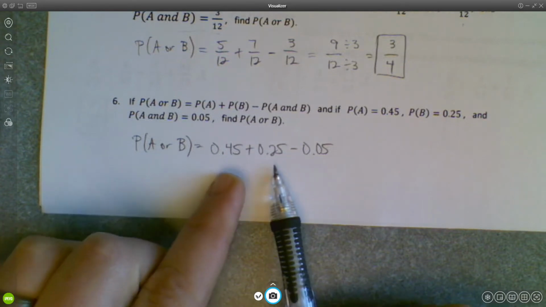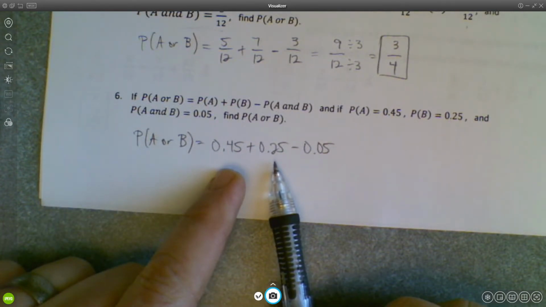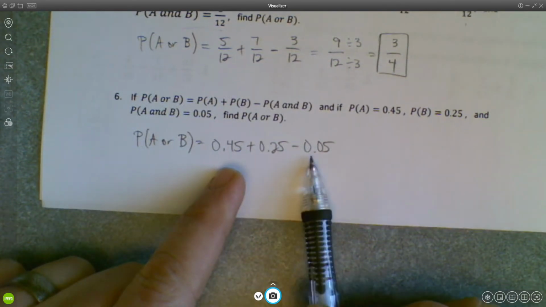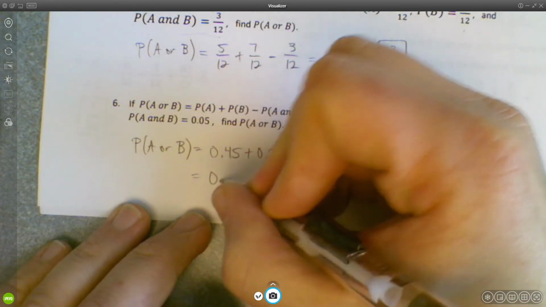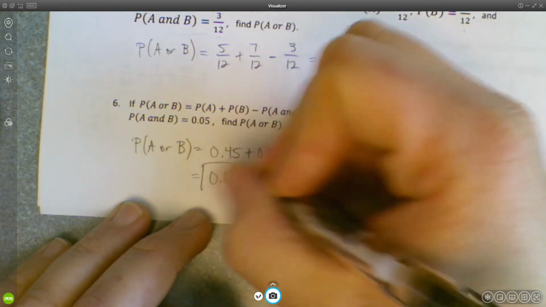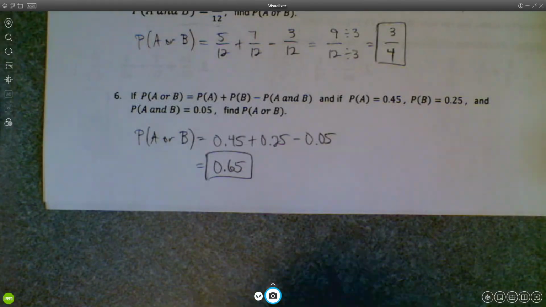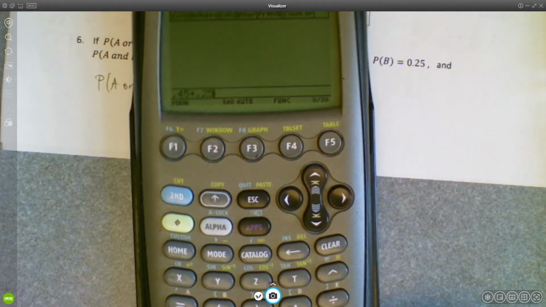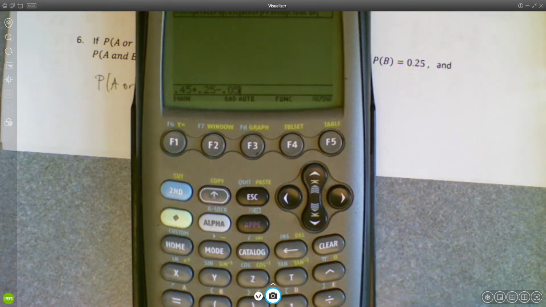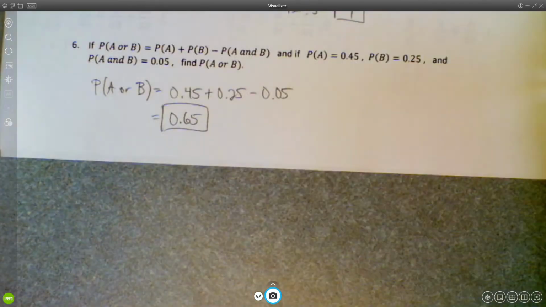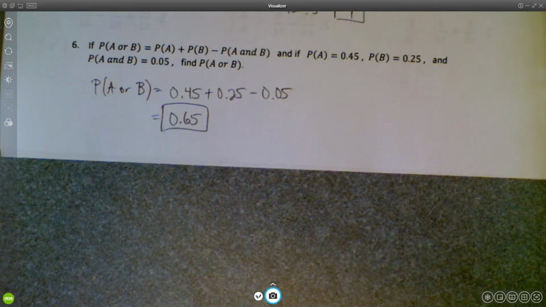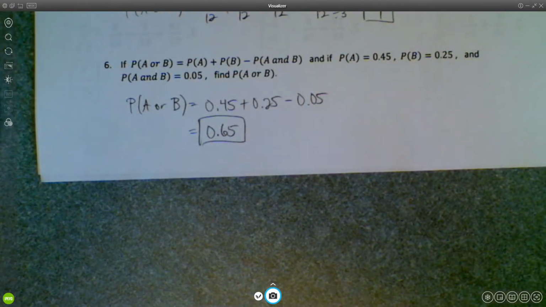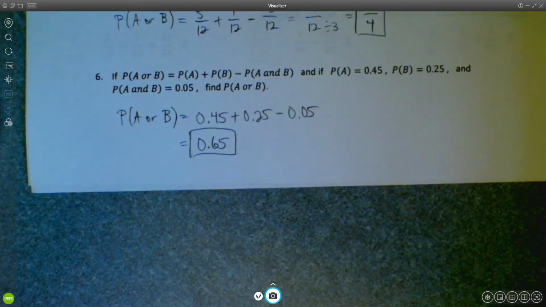So this is going to be 0.7 minus 0.05, so 0.65. You could throw that into your calculator though. Alright, 0.45 plus 0.25 minus 0.05 is 0.65. Okay, so that's that one.